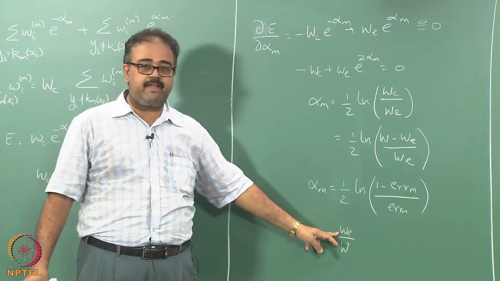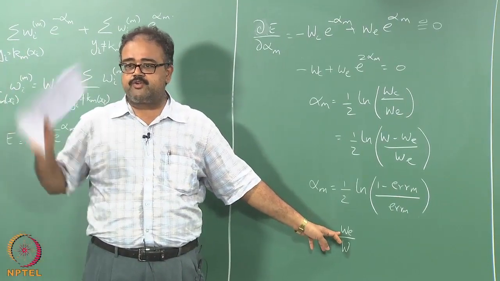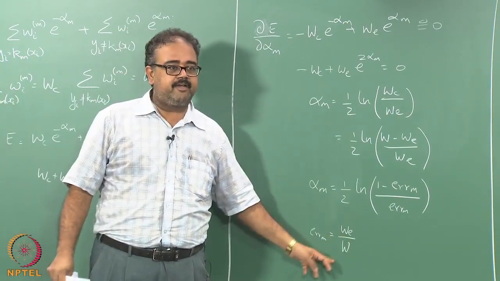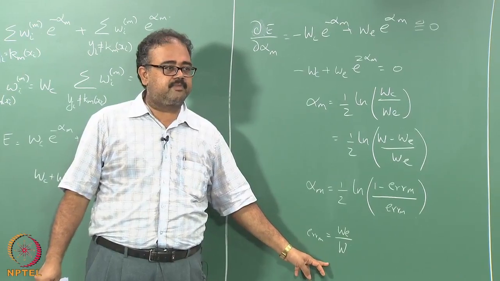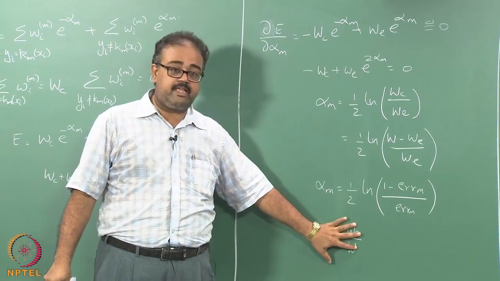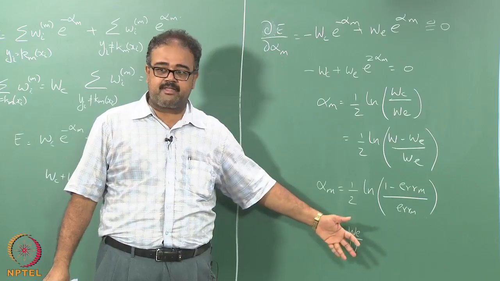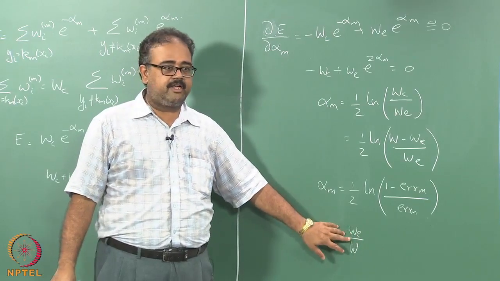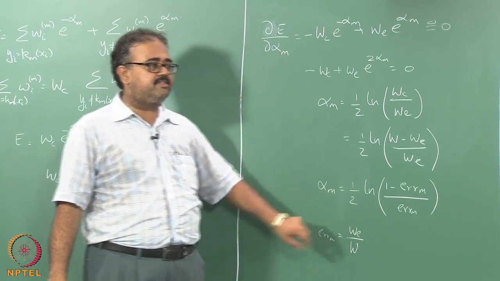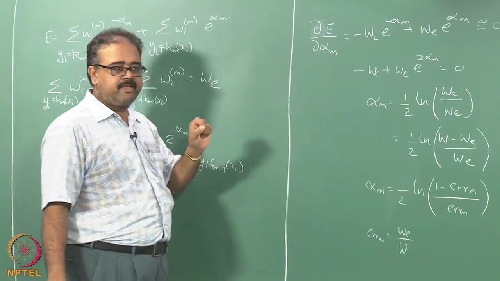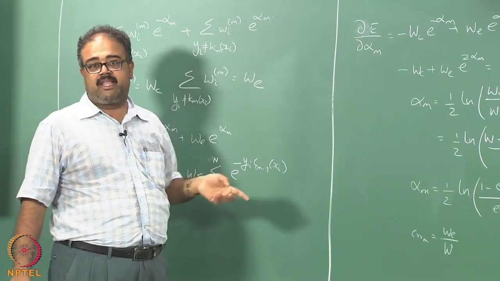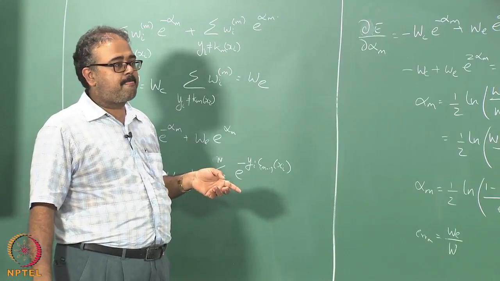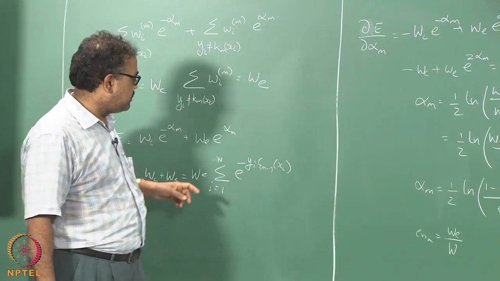So error rate is essentially the weight of the data points on which you are making a mistake divided by the total weight, right. So this is for the Km classifier alone, right. WE is the data points on which the mth classifier alone makes the error, not Cm but Km, okay, correct.